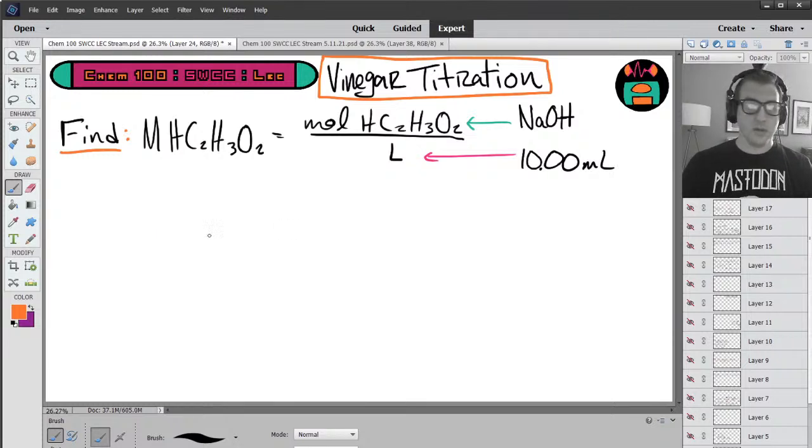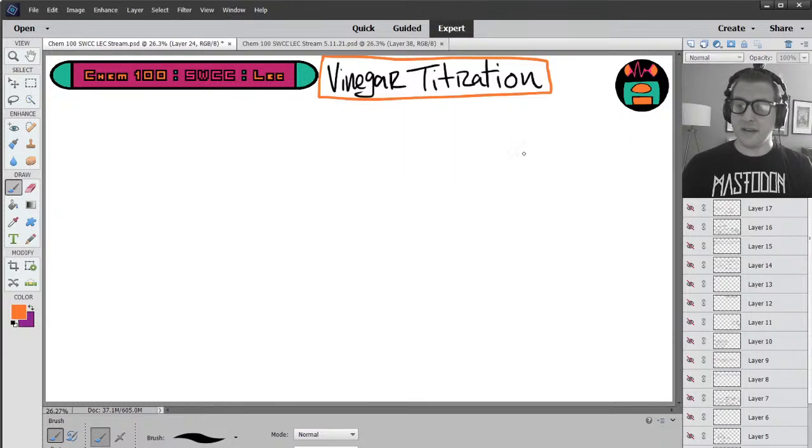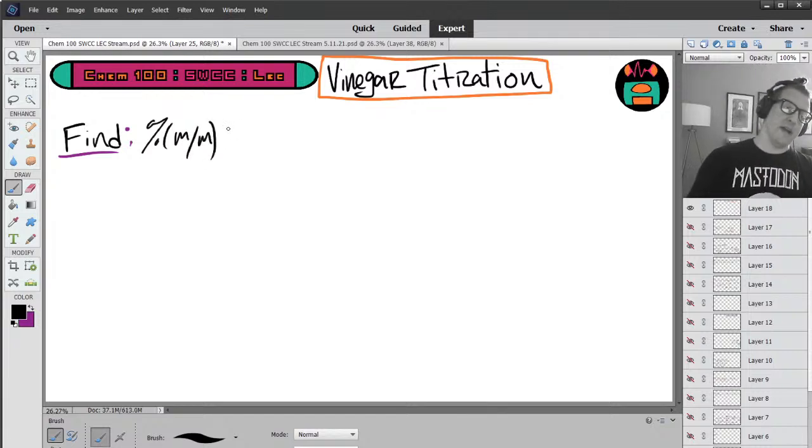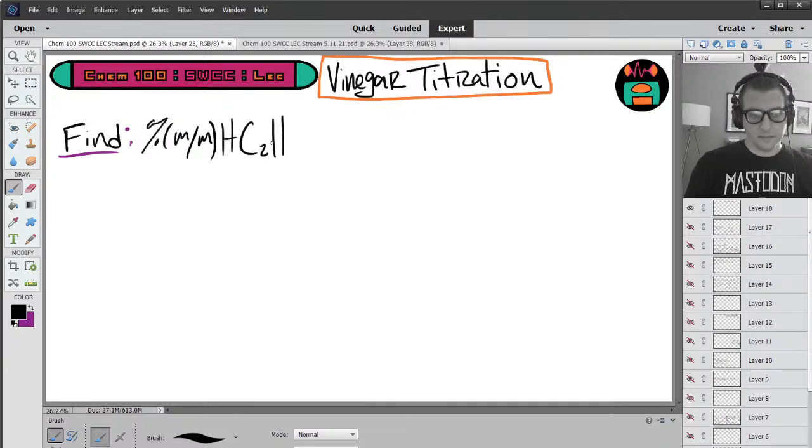All right. So for part B, we are being asked to find the percent mass of acetic acid.